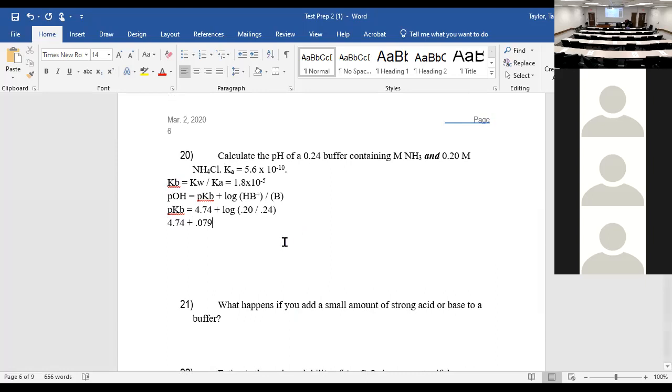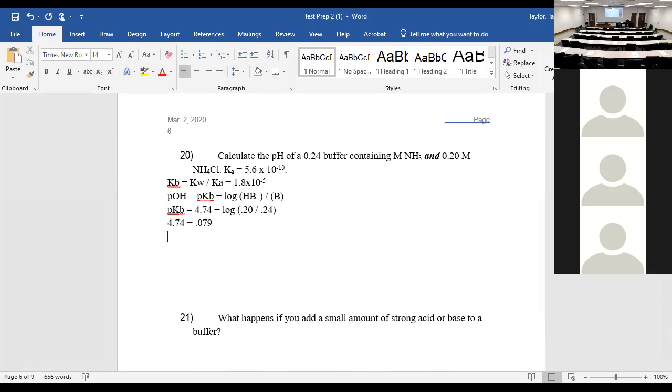Technically it would be 0.08, but for the sake of this, we're just going to do that. Oh, I'm sorry, this is negative, not plus. I'm so used to doing negative log. So 4.74 minus that is equal to 4.660.